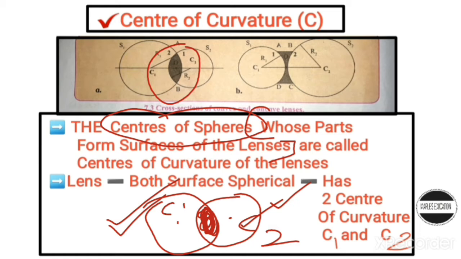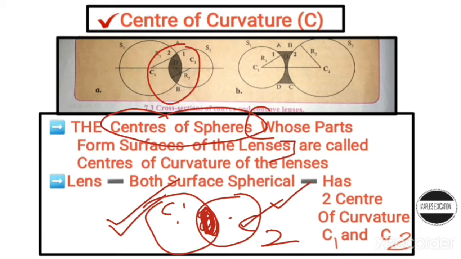Okay, so we can say that there is a lens, and that particular lens is made from two spheres, right? So this is called the center of curvature. Let me summarize this very briefly: you will have two different spheres, and when you have two different spheres, you will obviously have two different centers. You can say one center is C1 and the other center is C2.